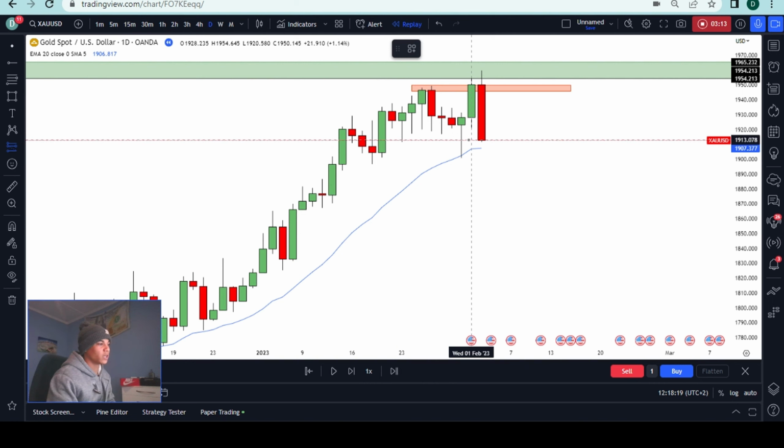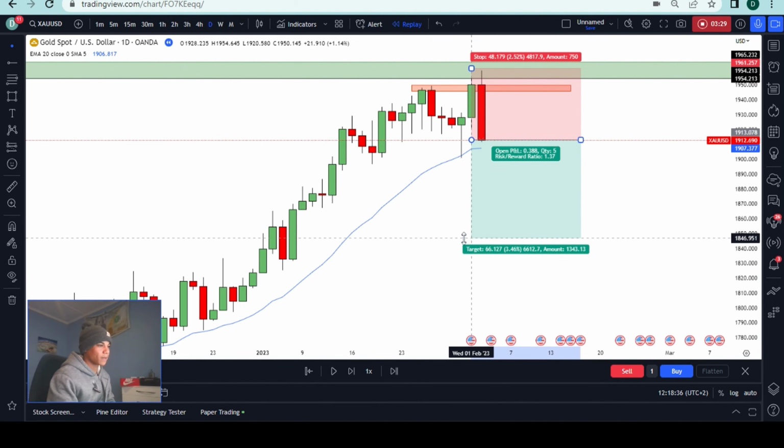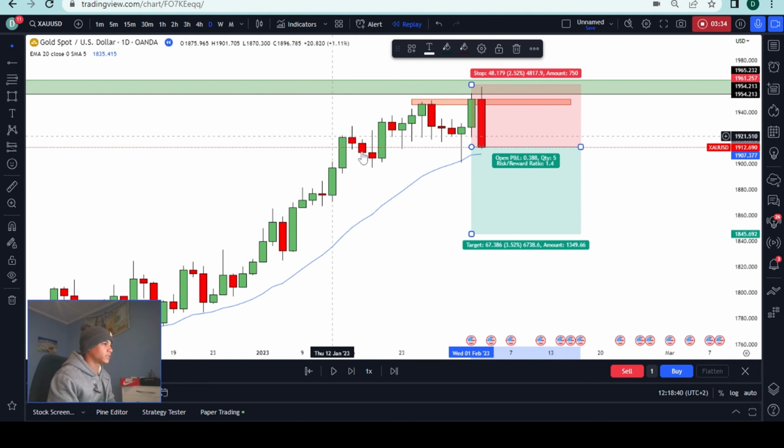So we will put our entry right there, and we will put our stop loss above the high just to be safer, and it is in this huge area of resistance, which is our supply zone. And I would have a 1.14. So let's push the market forward and let's have a look.